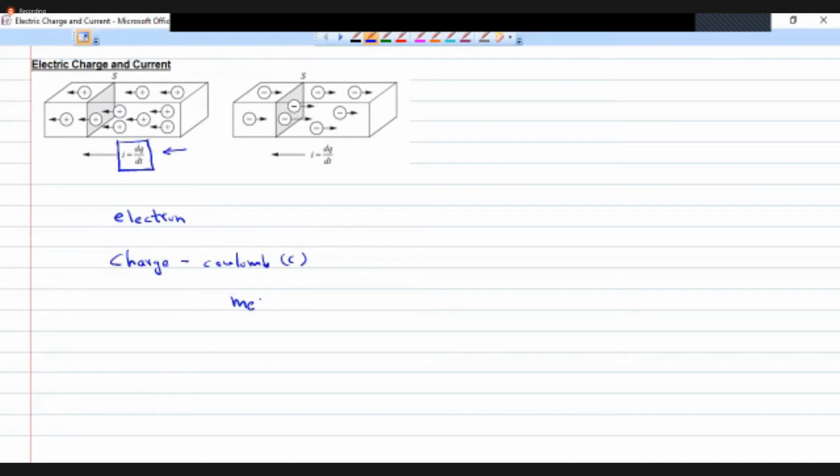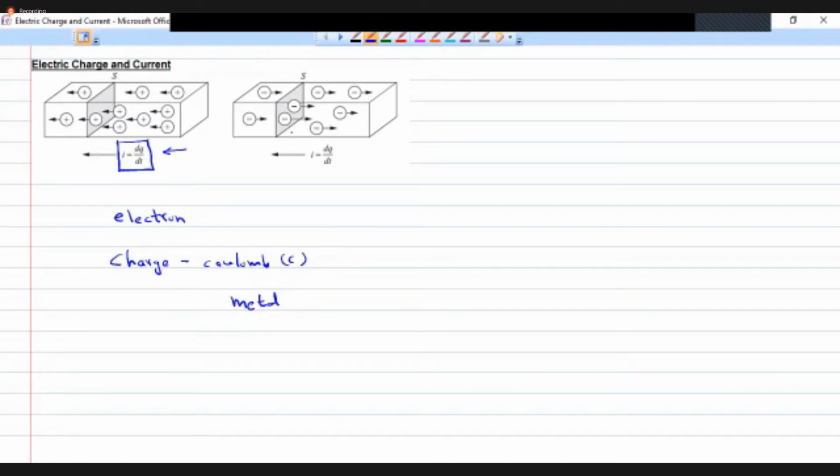In circuit analysis we are talking about metals, so the only charge carrier is the electron, which is negatively charged. Within our conductor, what is moving is the electrons.